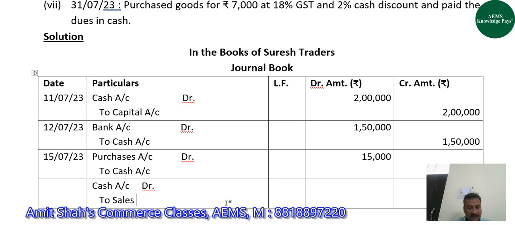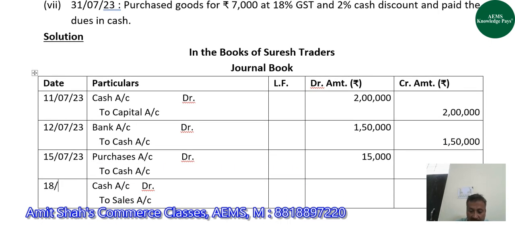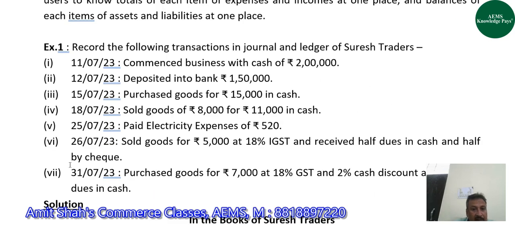How much amount? 18 July transaction. Sold goods of rupees 8,000 for 11,000 in cash.